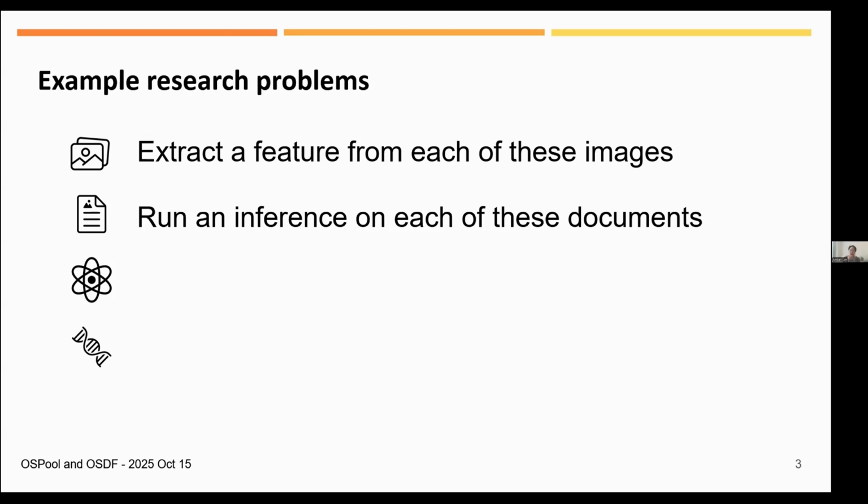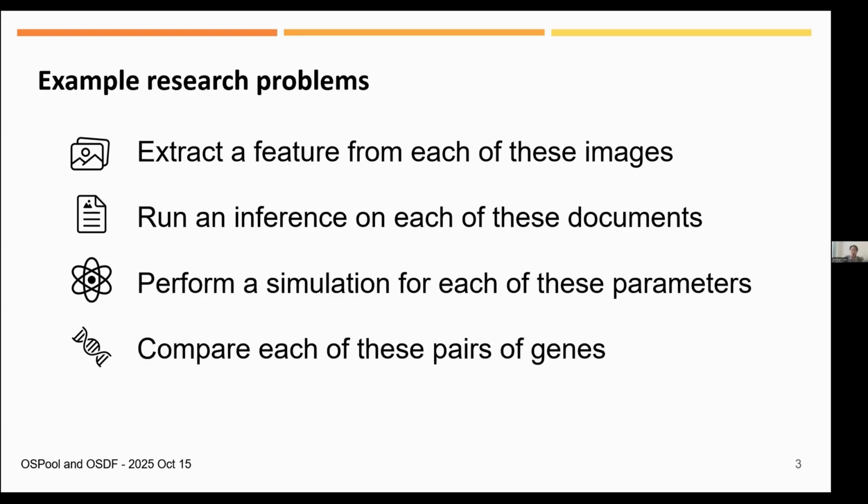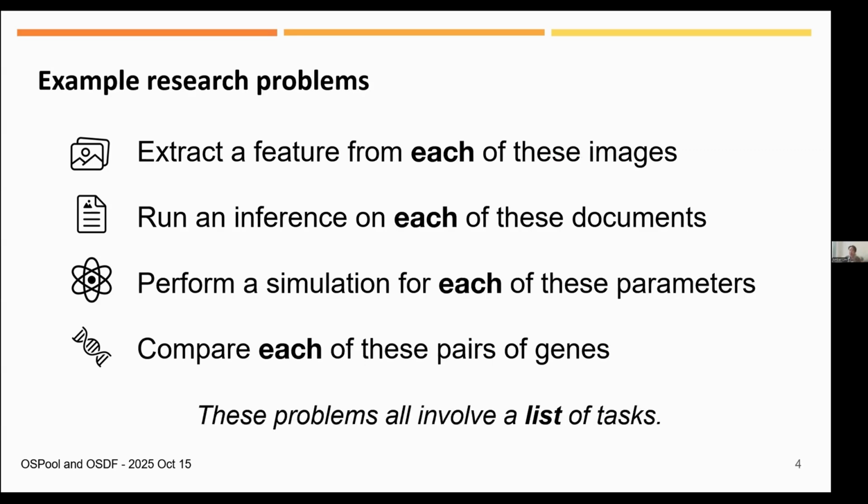Or maybe you're doing some sort of machine learning workflow and eventually you want to run inference on certain documents. Perhaps you have a simulation with lots of parameters that you want to try, or you have genes and you want to do some sort of comparison. So one thing that all of these problems have in common is that they involve a list of tasks, and that's where high throughput computing really comes in.